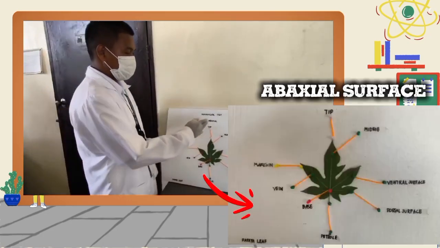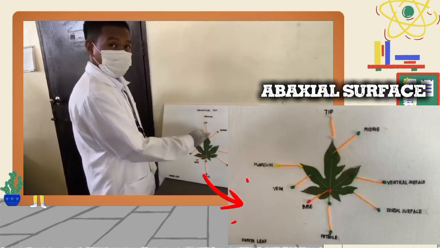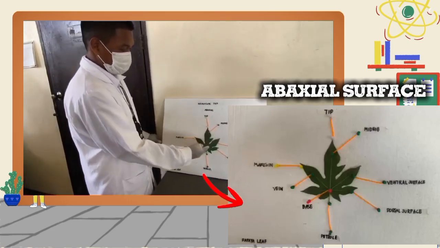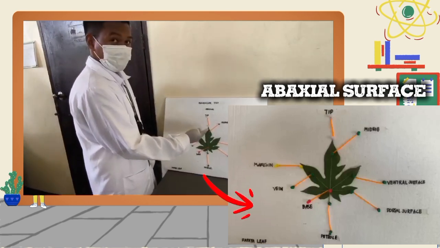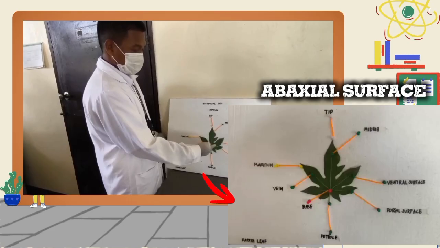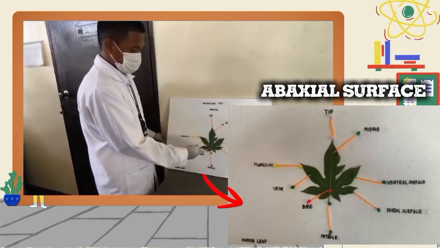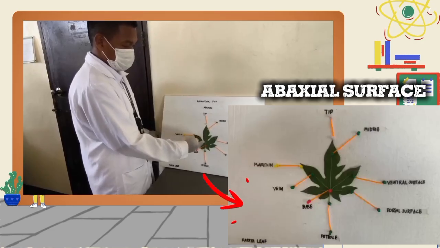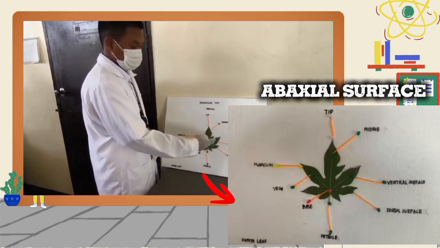Now, we proceed to the abaxial part of this specimen. As we can see, this is the back portion of this specimen. And as we've noticed, it has the same parts as the adaxial.